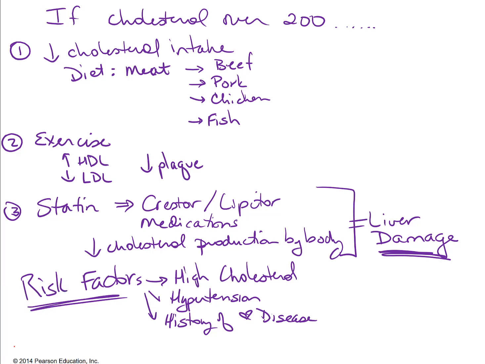And so honestly, the first thing to do, if your cholesterol is over 200, is try to limit your cholesterol intake. It comes entirely from meat, animal products. You don't get any cholesterol from plant products at all. In terms of order, beef has the highest cholesterol, then pork, then chicken, and then fish.